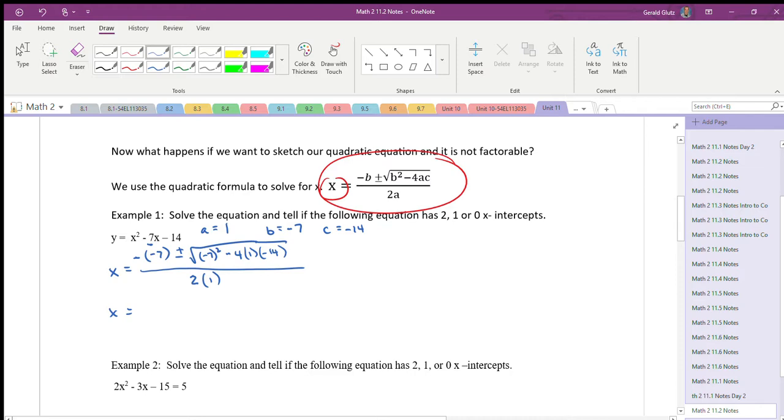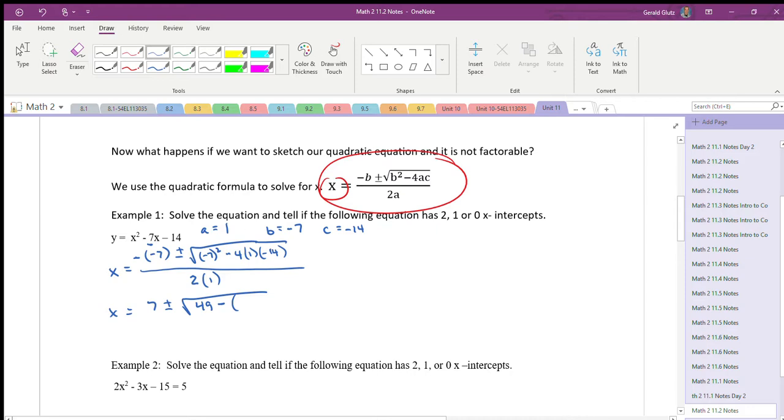So now that I have everything entered in there, I'm just going to start simplifying. So we have a negative, so that turns into a +7, plus or minus the square root of a bunch of stuff. So -7 squared, -7 times -7 is +49, minus 4 times 1, which is 4.